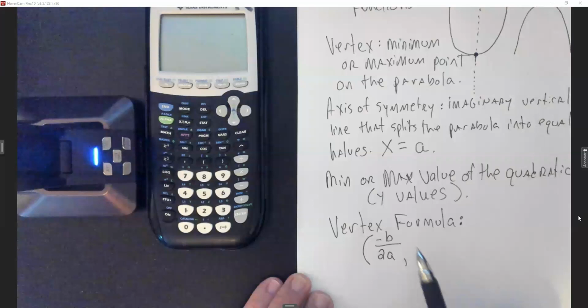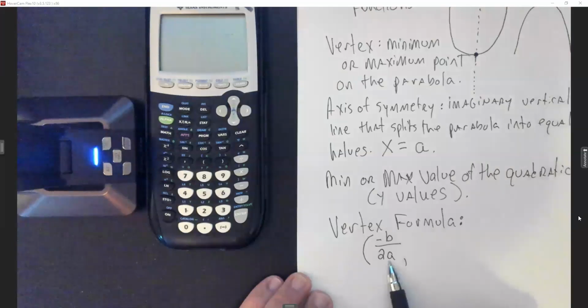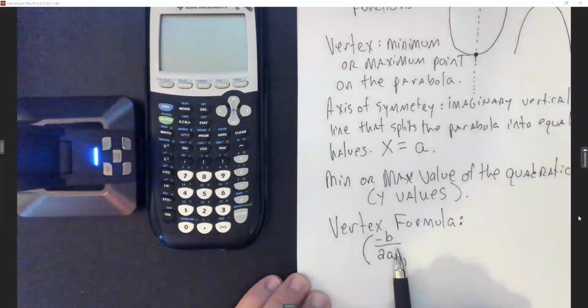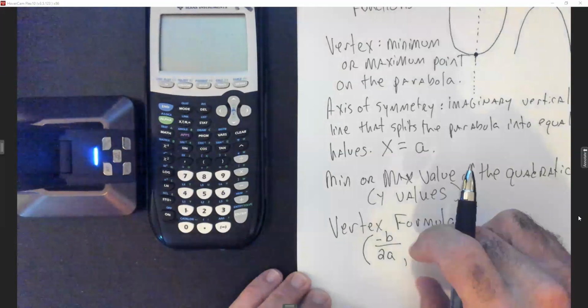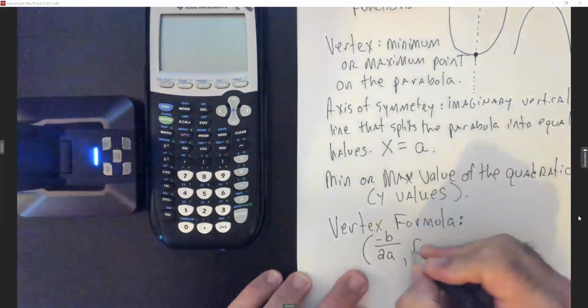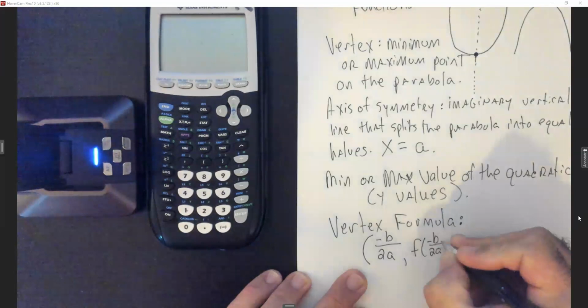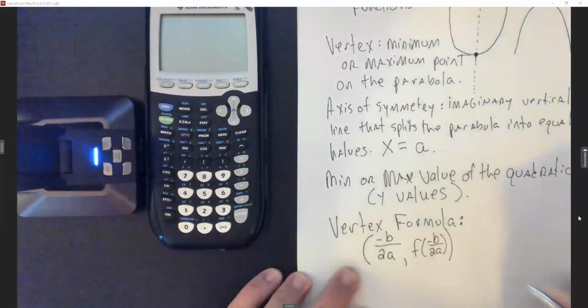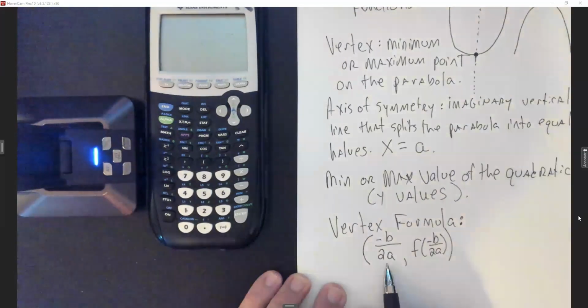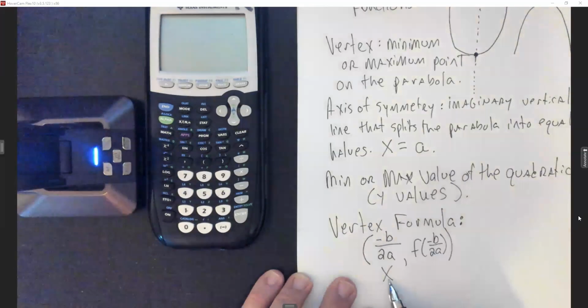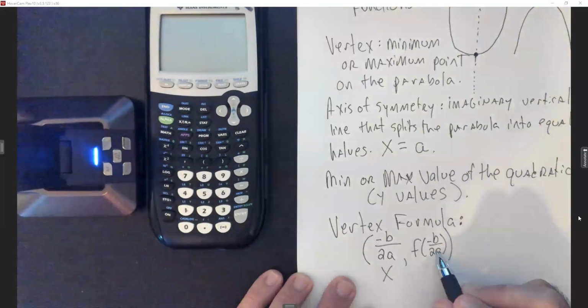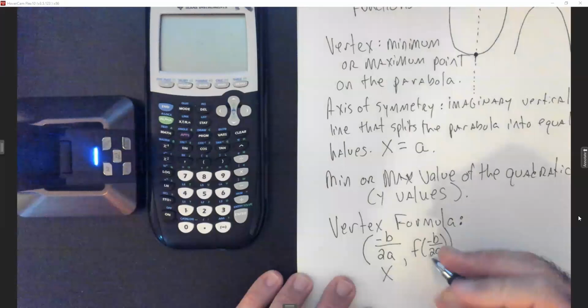Y'all, that negative b over 2a, you saw that before when you was dealing with the quadratic formula, okay? Now, to get the y value, I find f of negative b over 2a. So all this means is we use negative b over 2a to find the x value. We take the x value and plug it back into the function to get the y value for it.